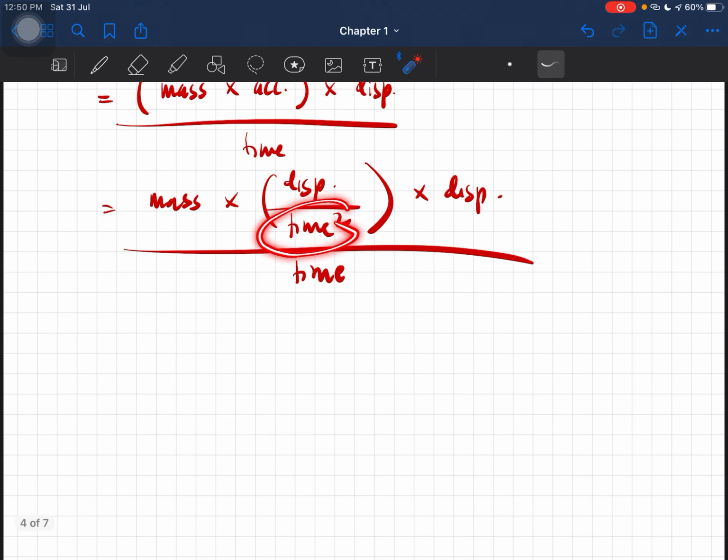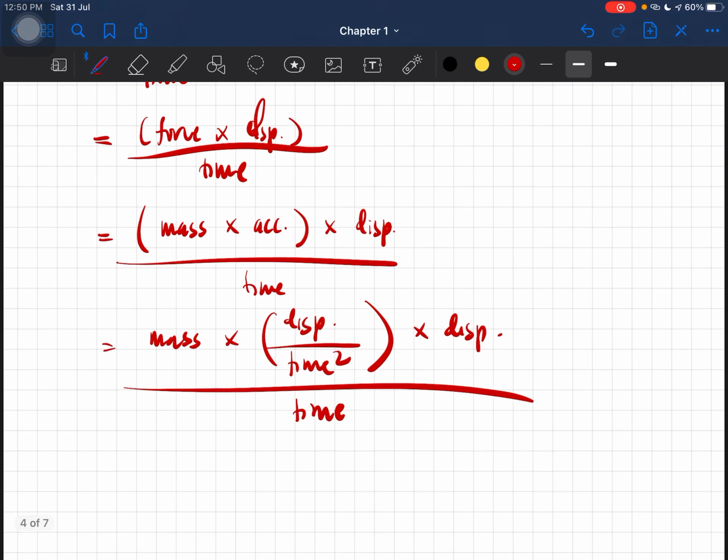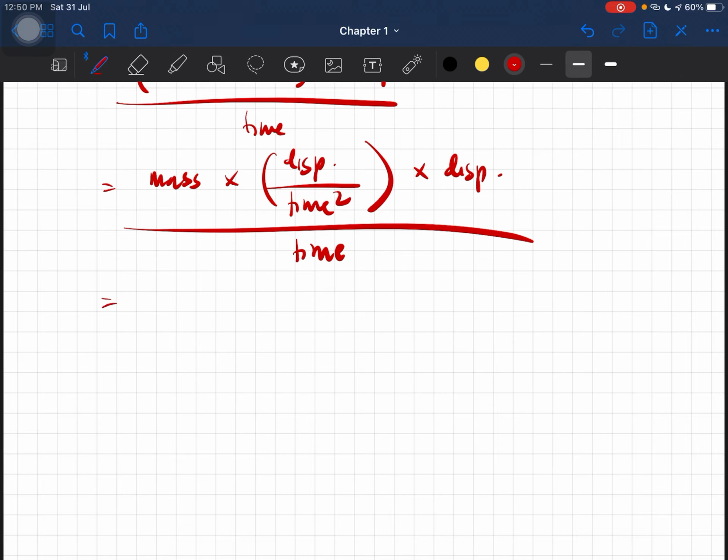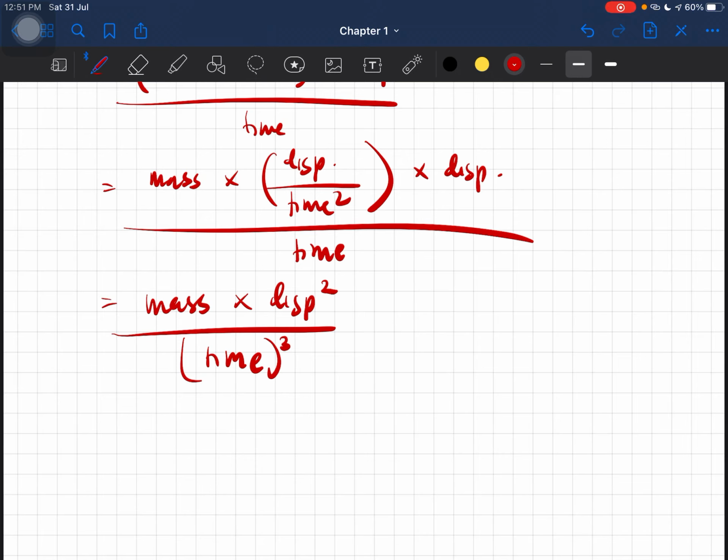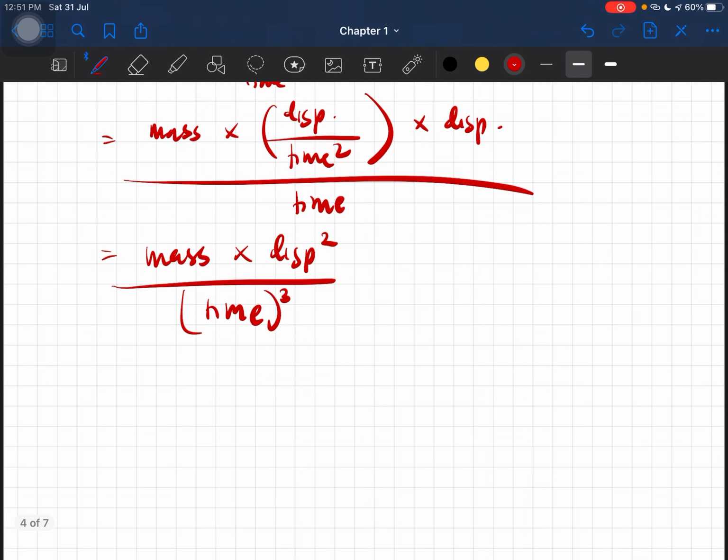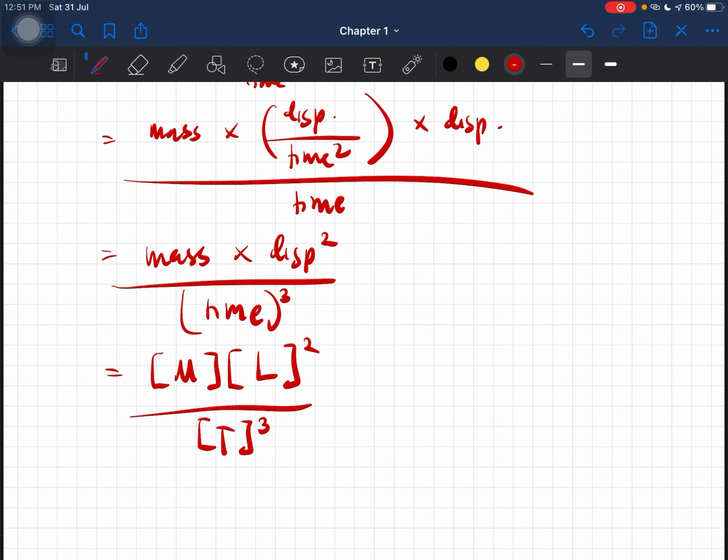So bring this time squared down, then you will get, wait, did I? Right. Okay, so we have mass times displacement squared over time cubed. Time is cubed here. Right? So we then get m l square over t cube.